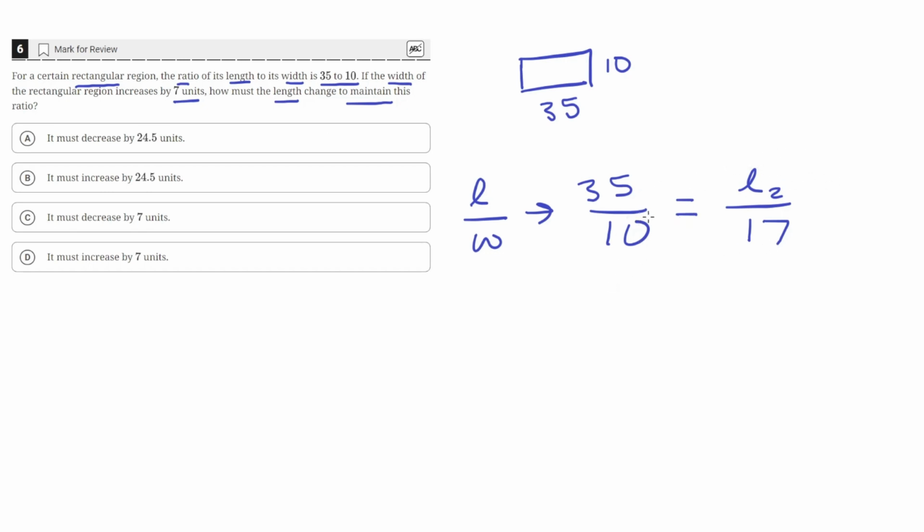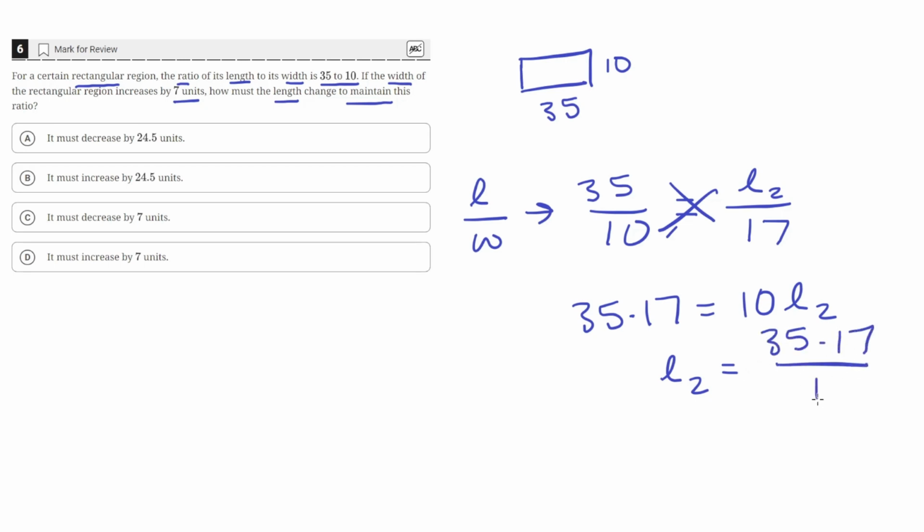And this ratio has to be equal since the ratio is maintained. So length 2 changes accordingly to ensure that they're equal. So to solve this, we can just cross multiply. So 35 times 17 equals 10 times L2. And then to solve for L2, we can just divide both sides by 10. So 35 times 17 over 10.